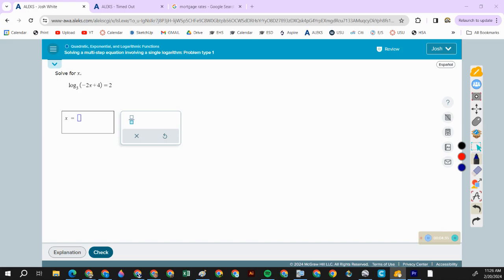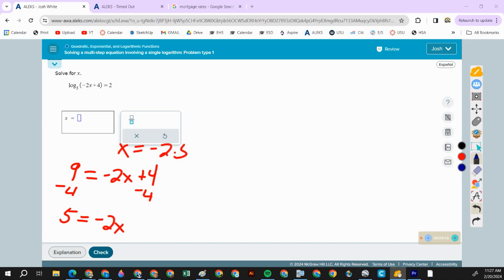Convert to exponents. 3 squared is 9 is equal to negative 2x plus 4 minus 4. 5 equals negative 2x. Divide by 2, and x is negative 2.5. Now, you have to be careful with these.